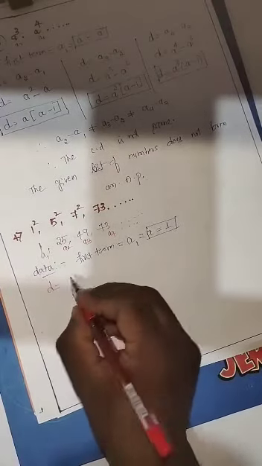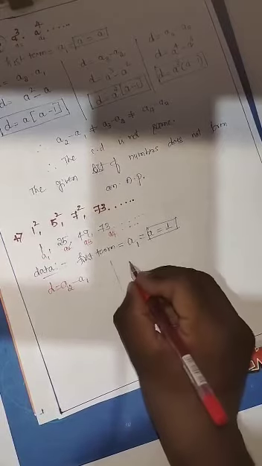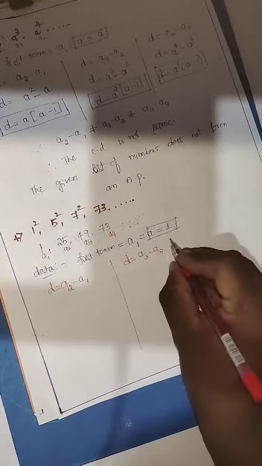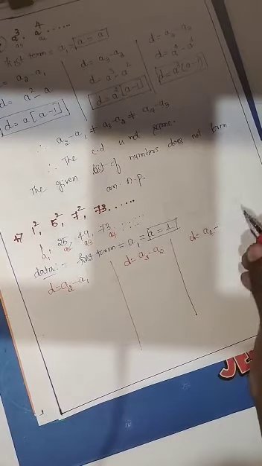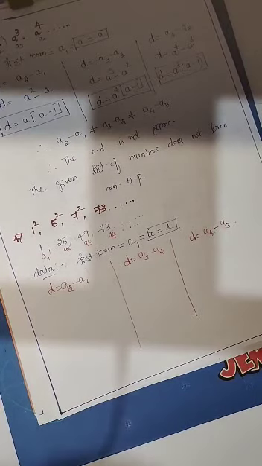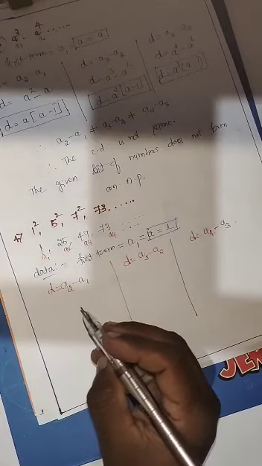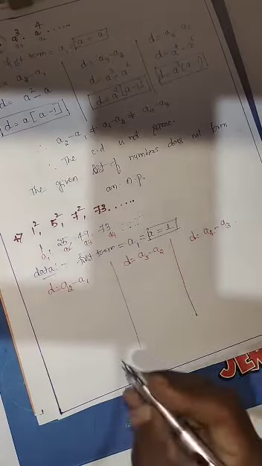So d is equal to a2 minus a1, and also d is equal to a3 minus a2, and d is equal to the next set of consecutive terms, that is a4 minus a3.